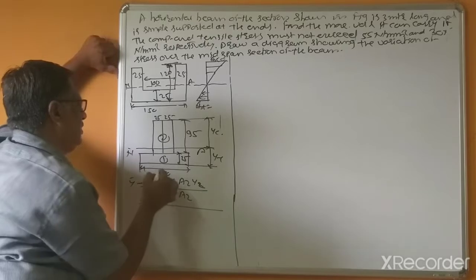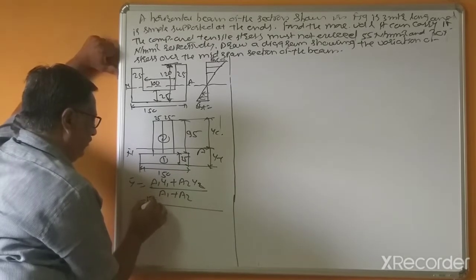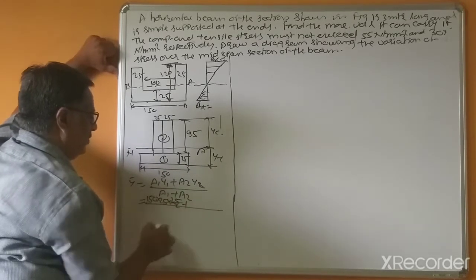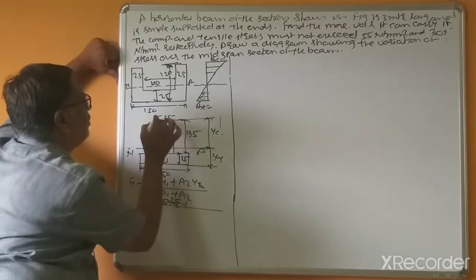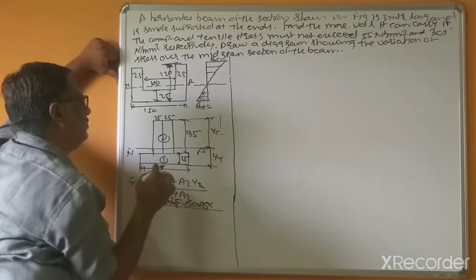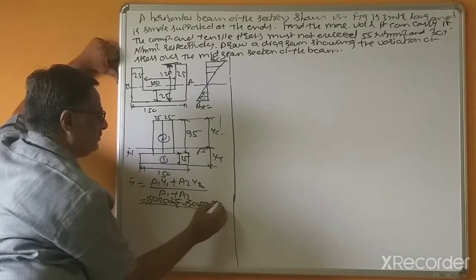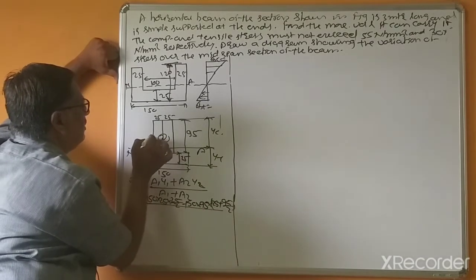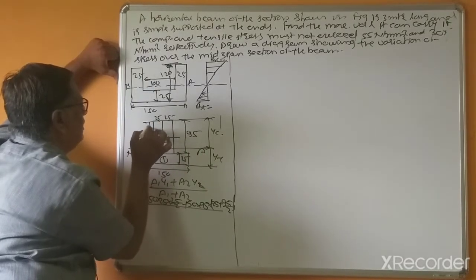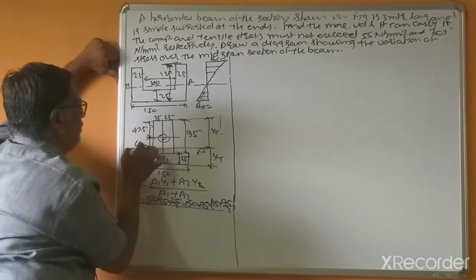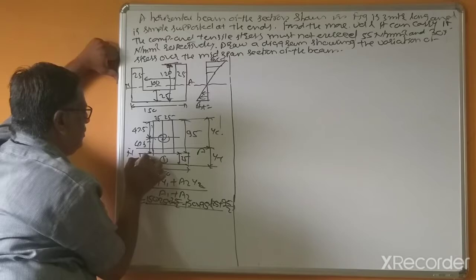For the first component, 150 into 25, Y1 is 25 divided by 2, plus the area of the second component, 25 plus 25 is 50, height 95, Y2 is 25 plus 95 divided by 2, because it is centered above the second element. So this is 47.5, and this is 12.5.